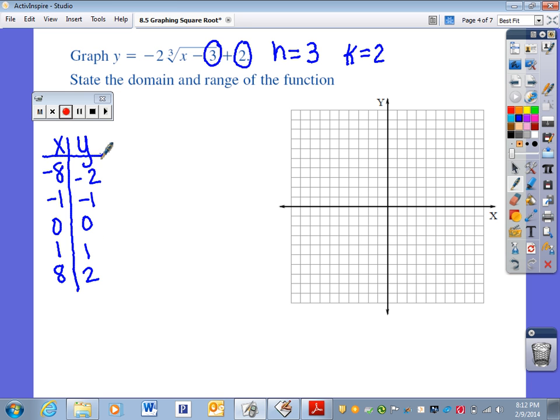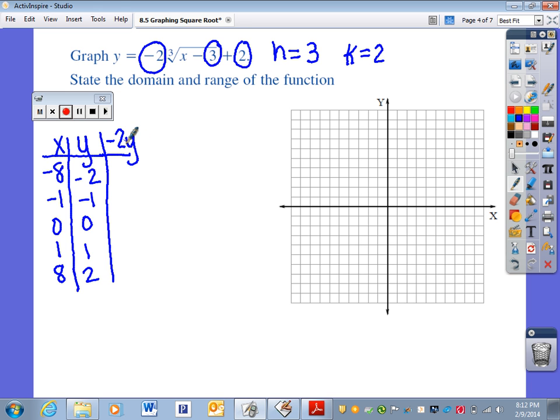But now what we're going to do, because we do have a leading coefficient other than 1, we want to make this next column that allows us to shift, which is a vertical stretch, or our stretch is our leading coefficient, and also it might reflect our graph.